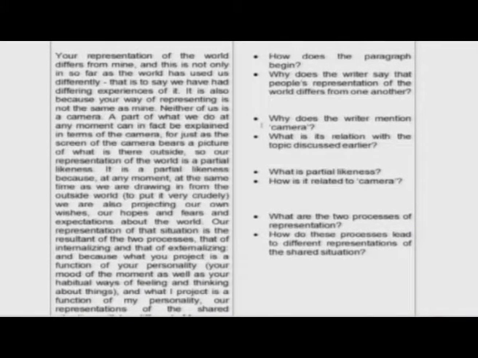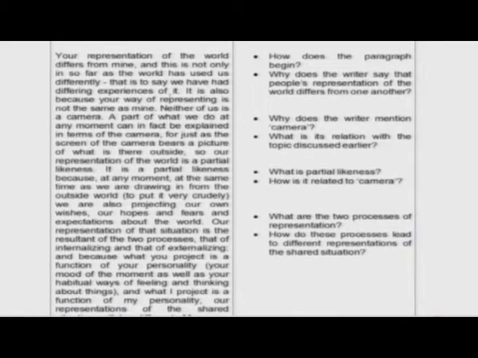Okay. Then we come across the word camera. So, the question is, why does the writer talk about it, and what is its relation with the topic discussed earlier? We have earlier seen that the topic is representation of the world. So, the question is, why does the writer talk about camera and how is it related to this topic?